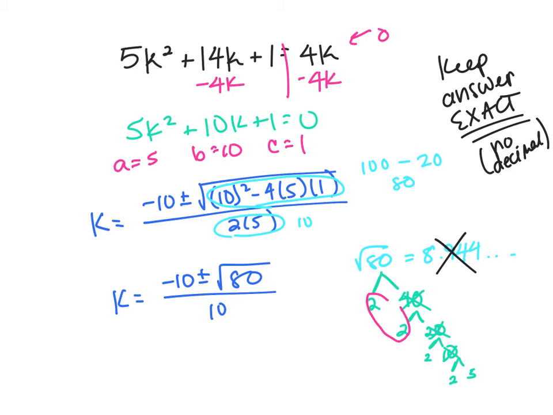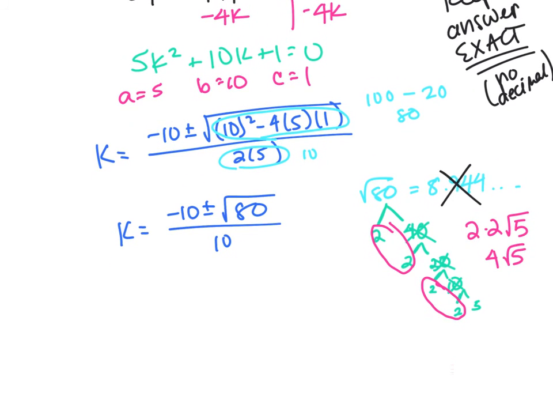So we have a pair of 2's. We have another pair of 2's. So remember, any pairs come out front. So we have 2 2's that come out front. Anything else stays inside. And then when you have multiple numbers, outside or inside, you multiply them. So 2 times 2 is 4. So that means square root of 80 simplifies down to 4 root 5.